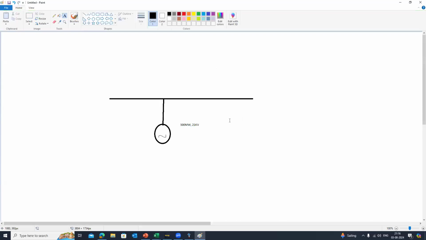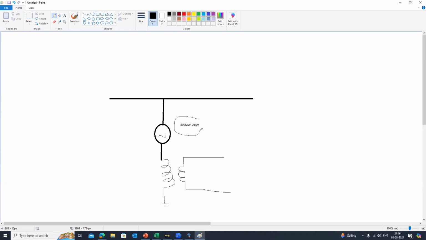Now I want to limit the fault current of the generator. For that, I will use a neutral grounding transformer, and on the secondary side of the transformer I will put a resistance.